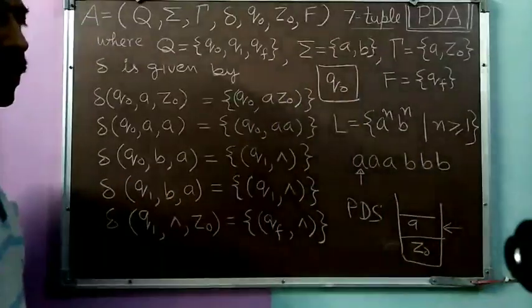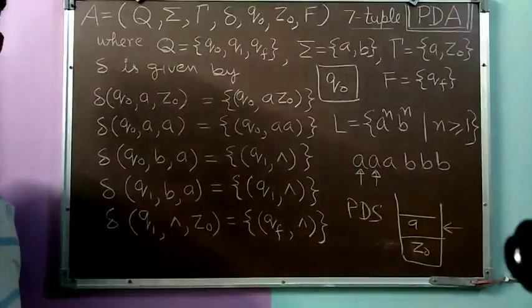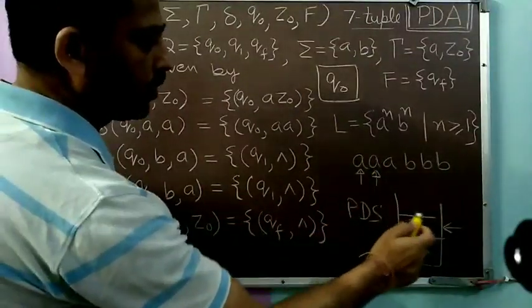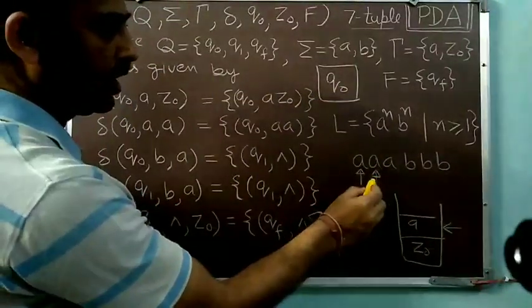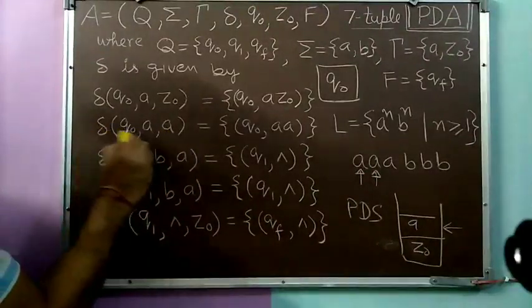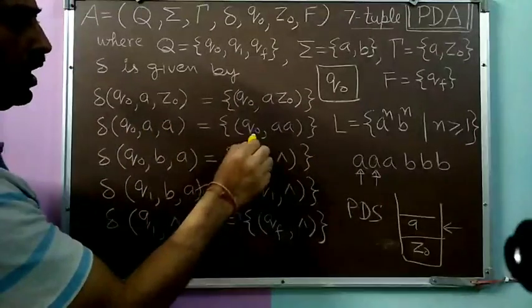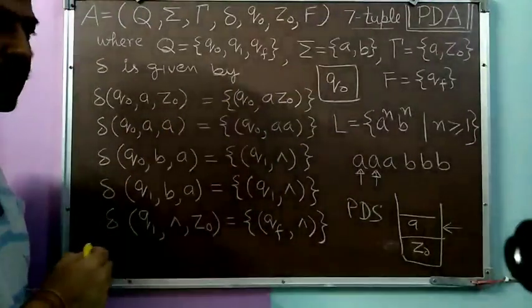Now what is the situation? I am in the state Q0, reading the next symbol, which is also A, and now on top of the pushdown store is A. So the situation becomes Q0, A and A. This transition will be valid. As per this transition, I remain in the state Q0, so I will not change the state.